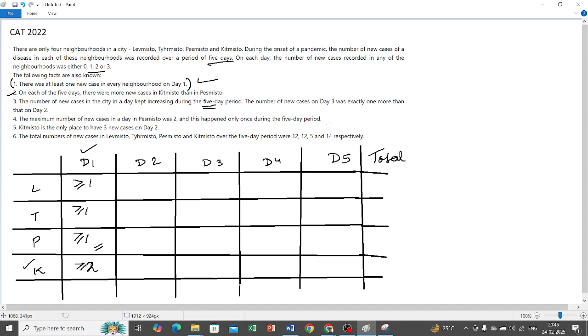The number of new cases on day 3 was exactly one more than the number of new cases on day 2. So see, what does it say about day 3?